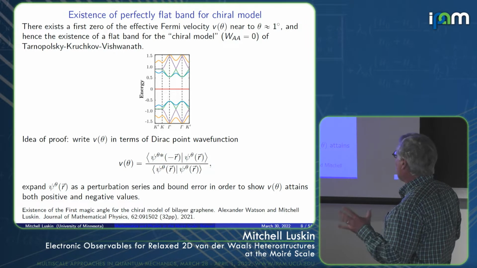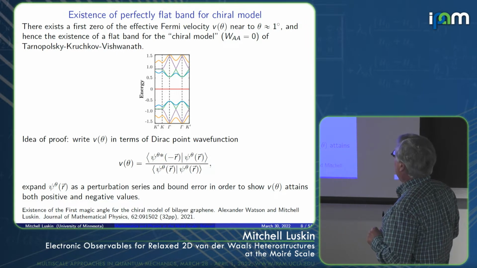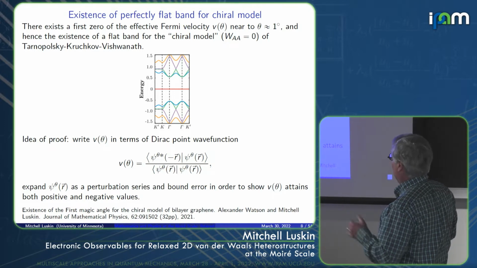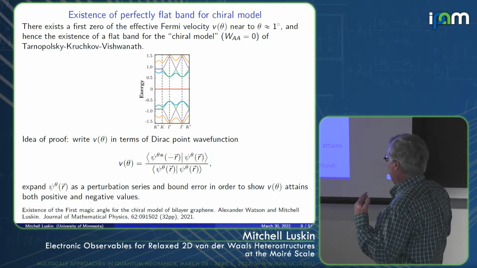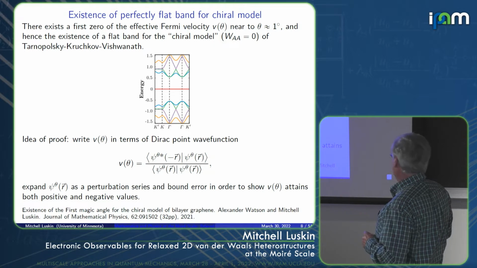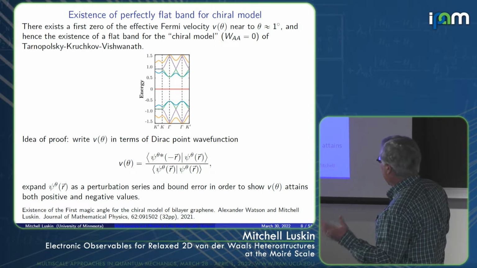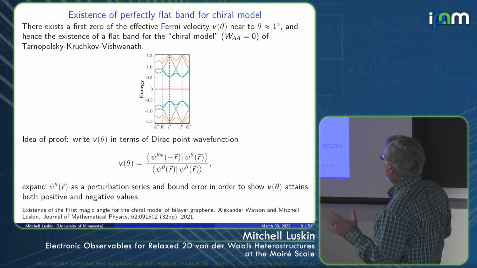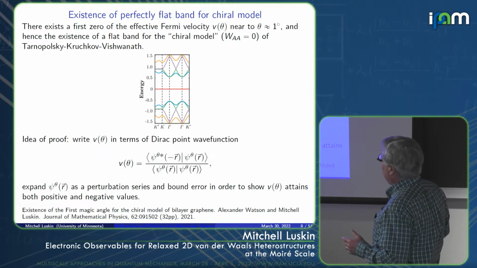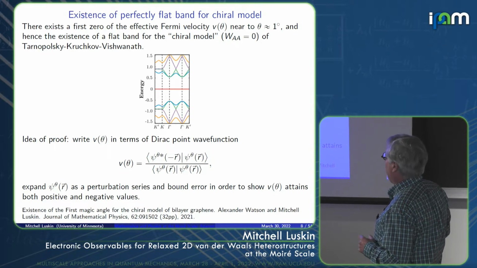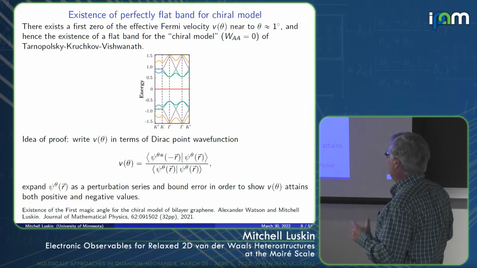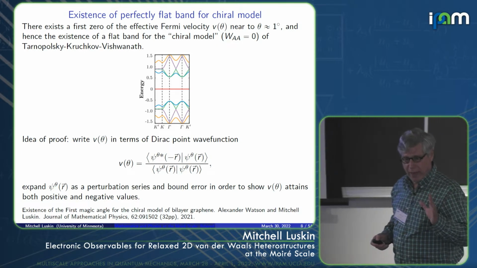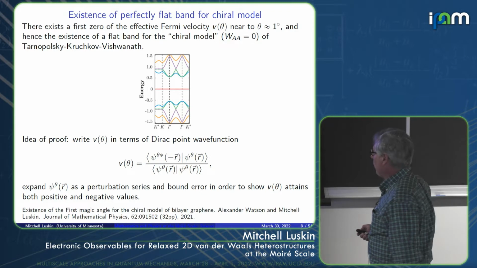We were able to prove, a rigorous proof, that the Fermi velocity, which is just the derivative of the energy with respect to k, is actually 0. Combined with a very influential paper, which we call TKV, that shows that there really do exist perfectly flat magic bands in this so-called chiral model.